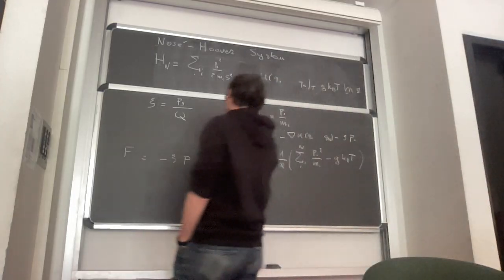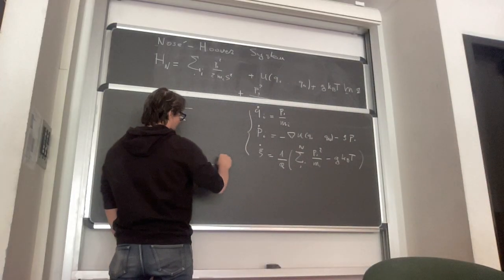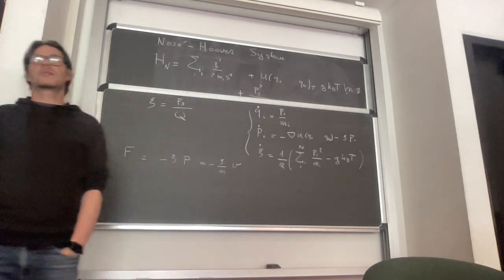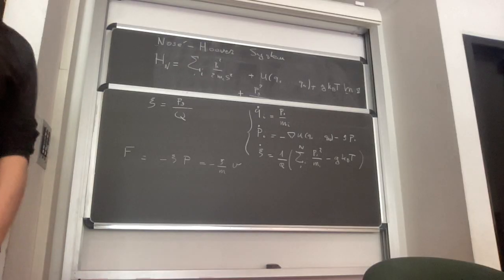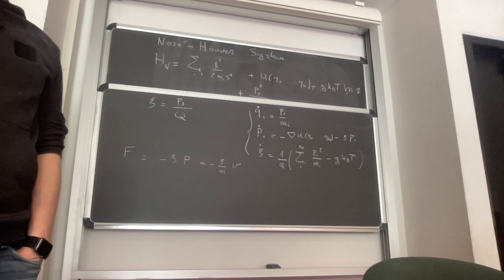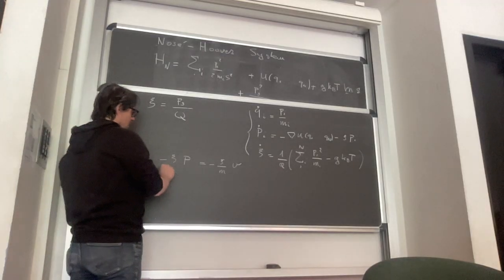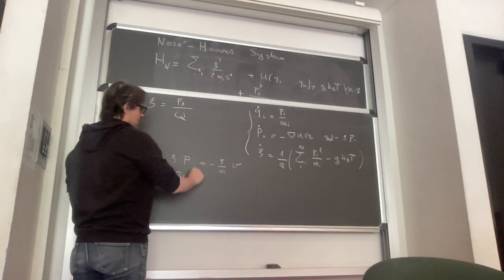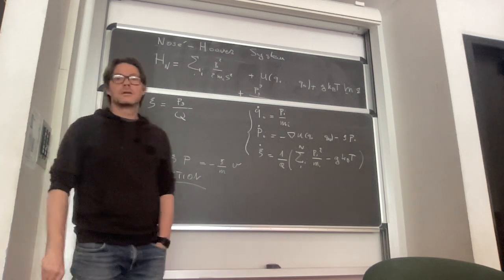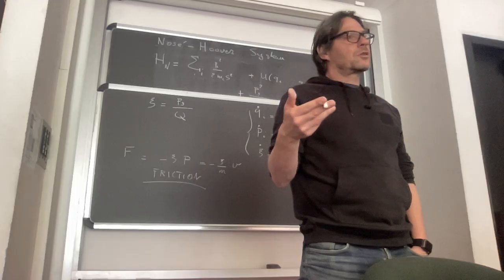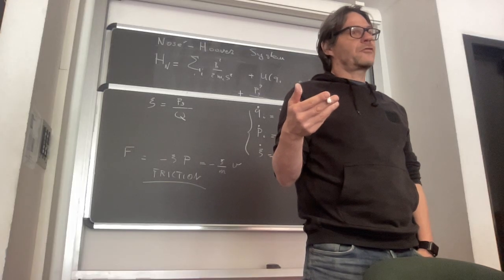Let me rewrite this in the following way. Is the force proportional to velocity? Negative of velocity. Friction. This is the structure of the friction force. In fact, you probably have all done the exercise of a parachuter in your freshman general physics course, right?